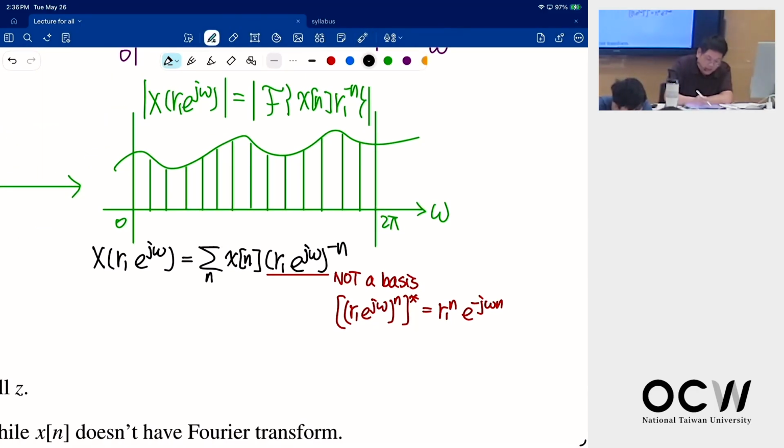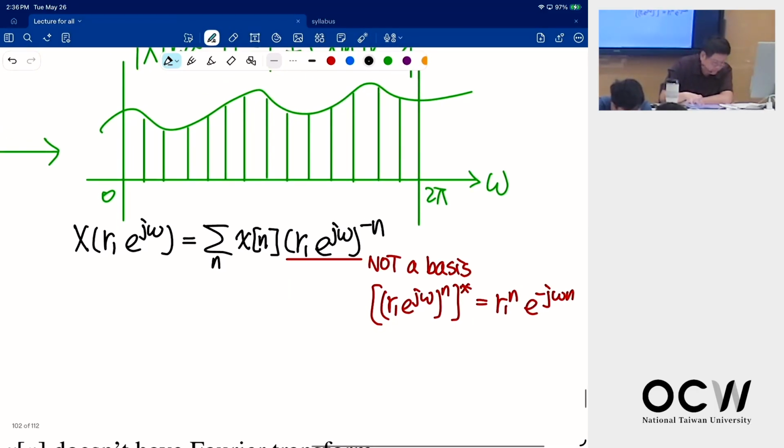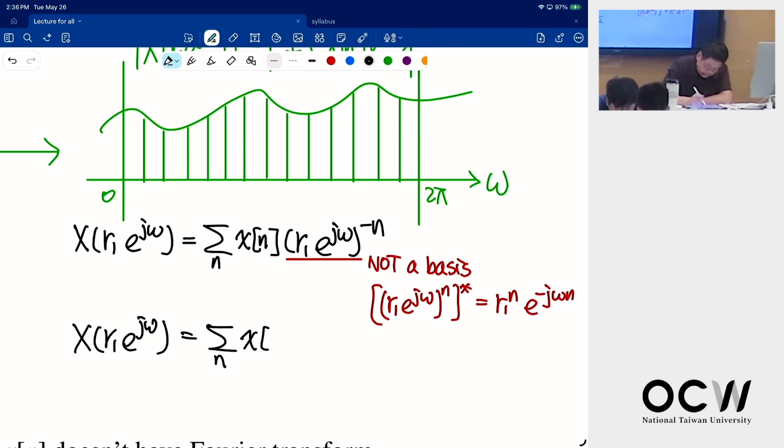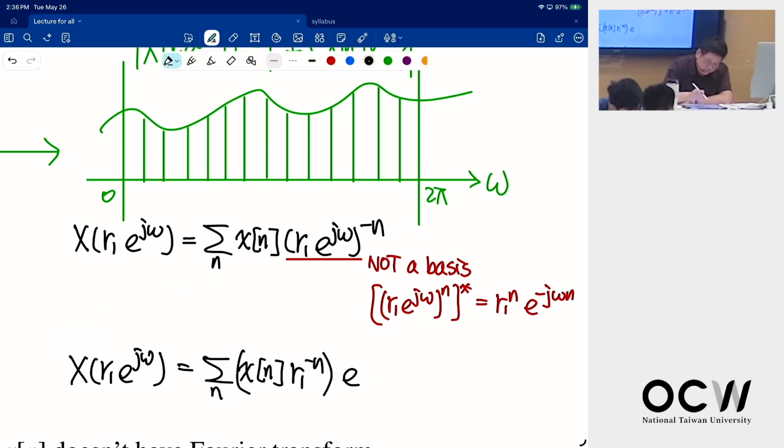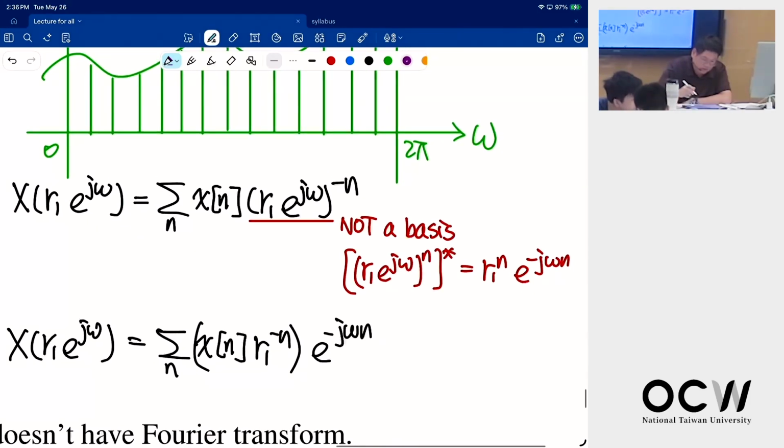However, if we think of x[n] and r1 to the minus n together times e to the minus j omega n, this is the basis.